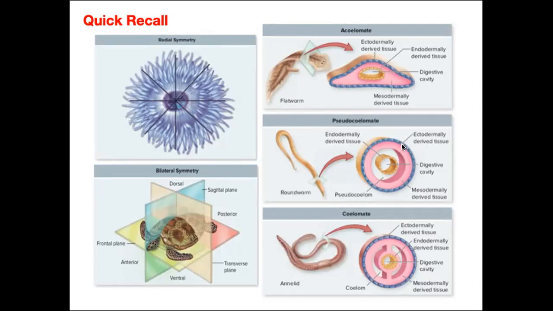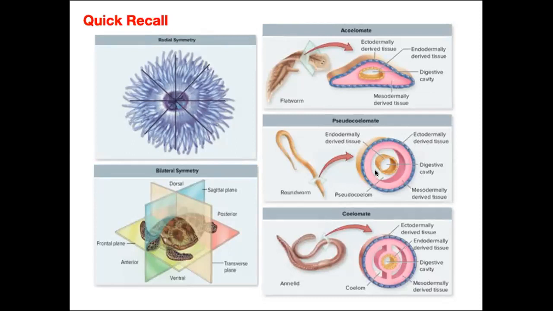Sa pseudocoelomate organisms naman, like for example, yung ating roundworms, meron siya nung body cavity, but the body cavity right here is not totally lined by tissue that's derived from the mesoderm. So parang madaling maintindihan natin if we put it sa analogy natin, yung baunan na walang compartment.